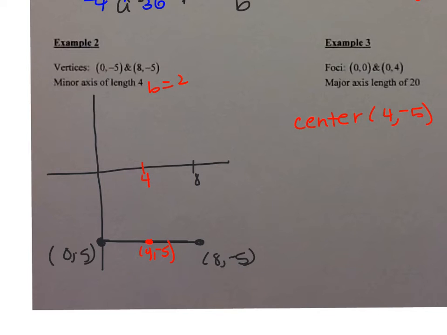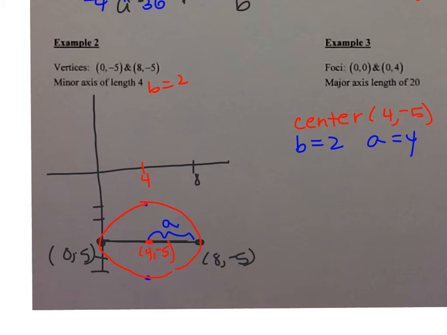That means I would go up 2, and down 2. So this is what my ellipse would look like. So b is equal to 2. My a comes from my major axis, so this is my a, and it's going to be equal to 4.